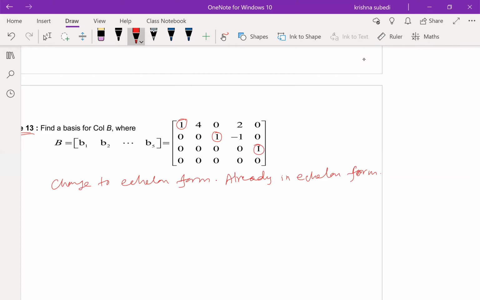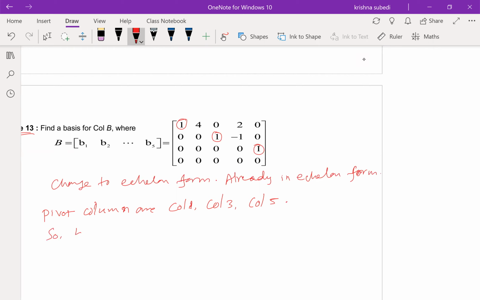They are the basic variables. So the pivot columns are column 1, column 3, and column 5. These are the pivot columns.